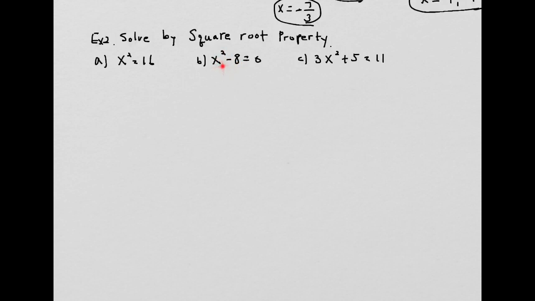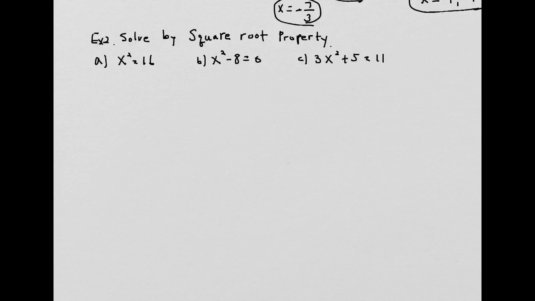So the first thing I need to do is get rid of the negative 8, because negative 8 is not squared. You want to start by isolating the squared term on one side and moving everything else to the other side. When we look at this problem, only this x is squared; the plus 5 and times 3 are not, so you need to get rid of the 5 and the 3 before you take square roots. So make sure you isolate the squared term on one side first.